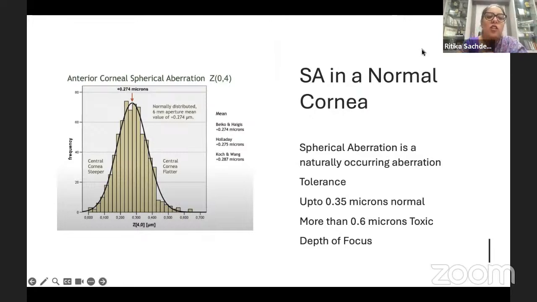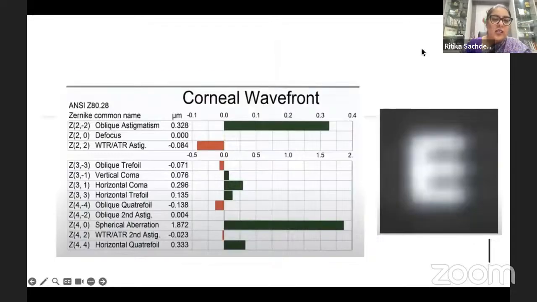So the company came up with the negative spherical aberration to counter the positive spherical aberration in the cornea to come up with a less aberration in the overall optical system, because the positive spherical aberration of the cornea gets negated by the negative spherical aberration of the IOL or the lens.